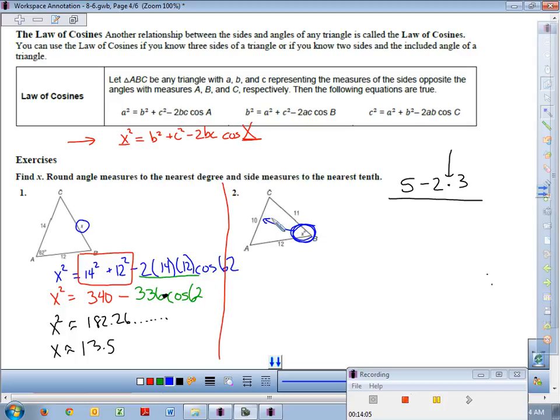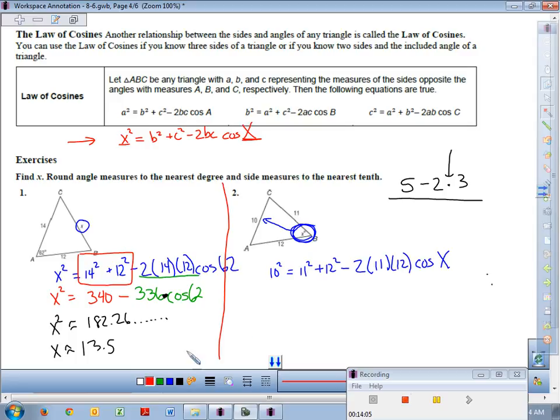I need to use this side as my little x value. So 10 squared will equal 11 squared plus 12 squared minus 2 times 11 times 12 times the cosine of big X, right? We're looking for an angle measure, so that's why this is the variable, and the side across from that is the dude that goes all by itself.